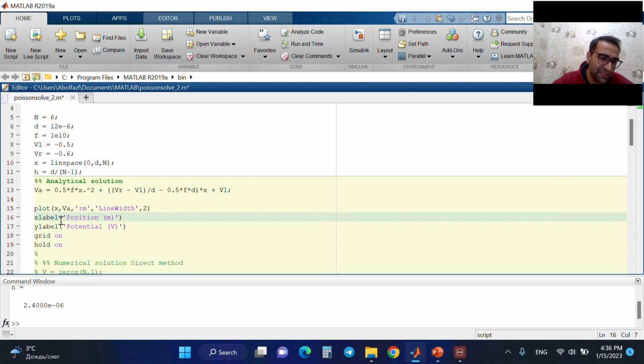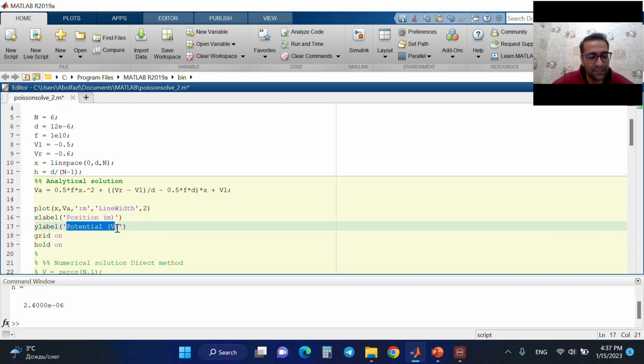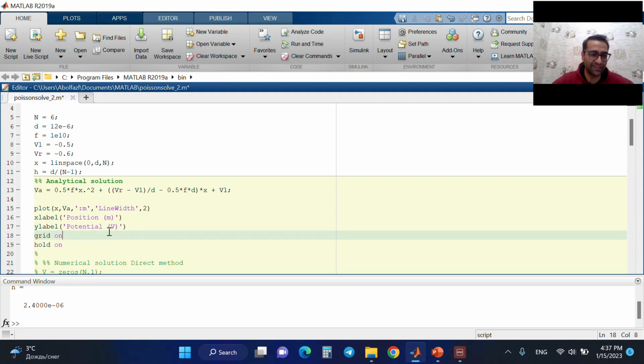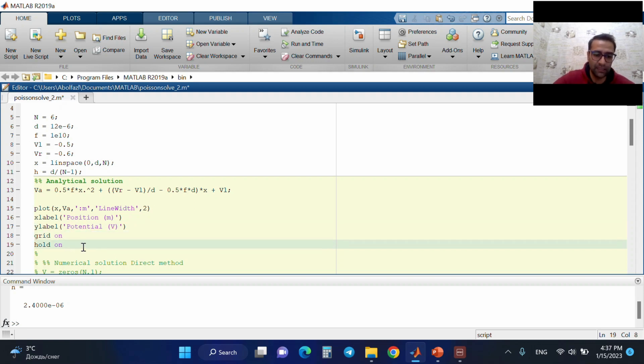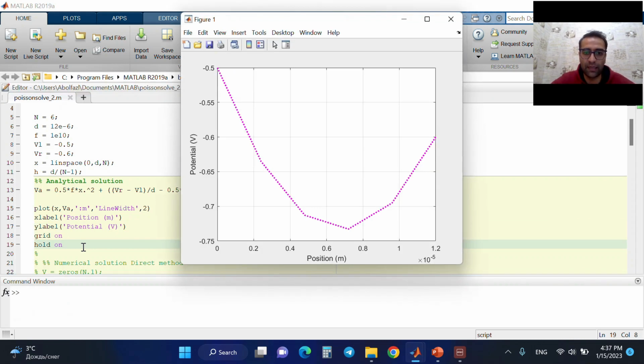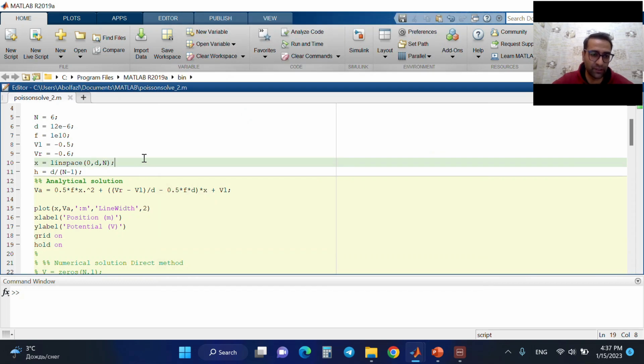I name the x label position, and I define the unit as meter, and the potential is V, because in physics, when the right hand side of the Poisson equation is charge density, the unknown function is the potential. Let's look at the analytical solution, and you see here when the number of grids is 6, 1, 2, 3, 4, 5, 6. This is the exact solution of the Poisson equation.